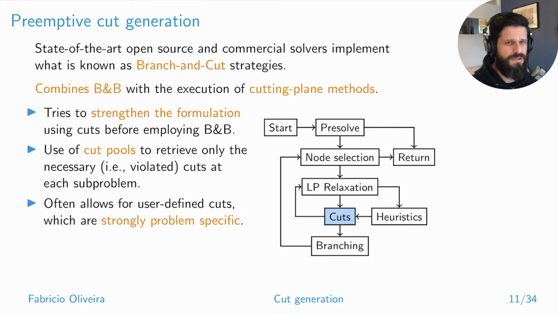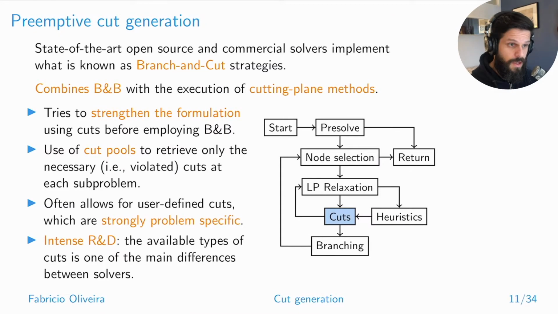Very problem specific, of course, but if you know some, you can use them. And cut generation is certainly one of the most researched areas in MIP solver technology development.